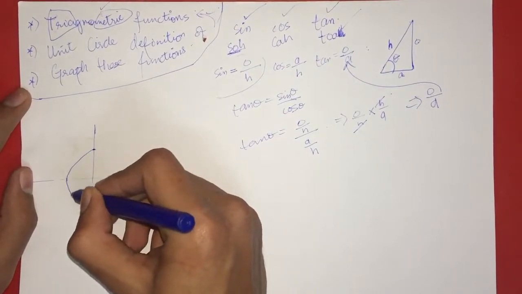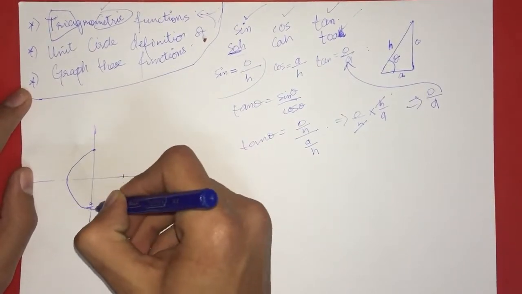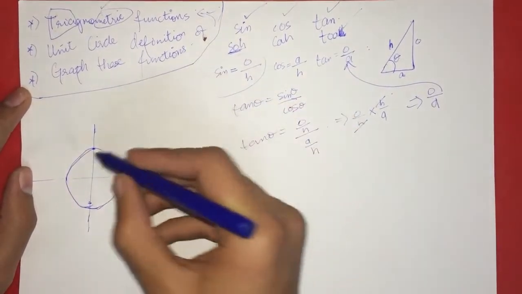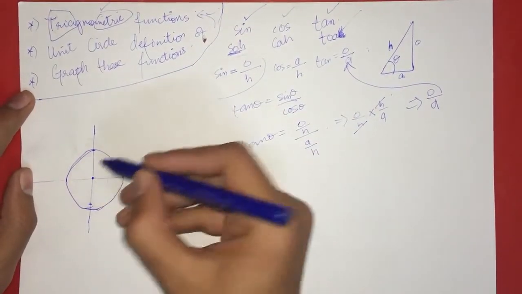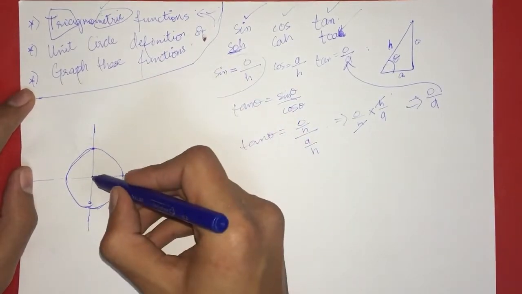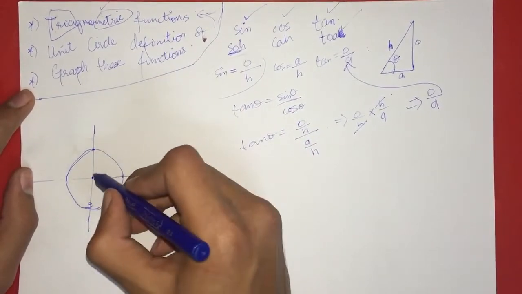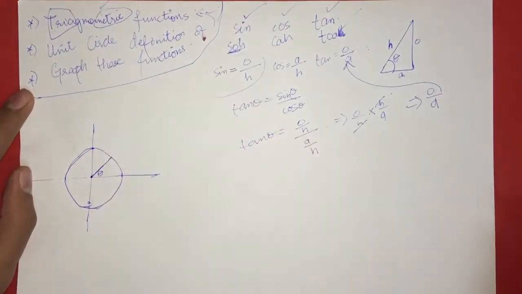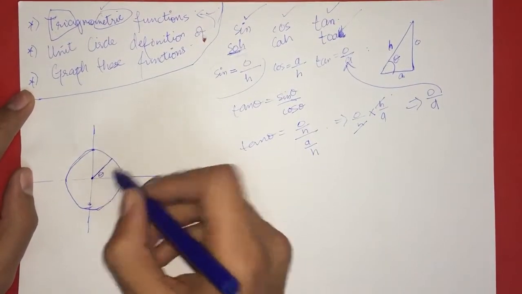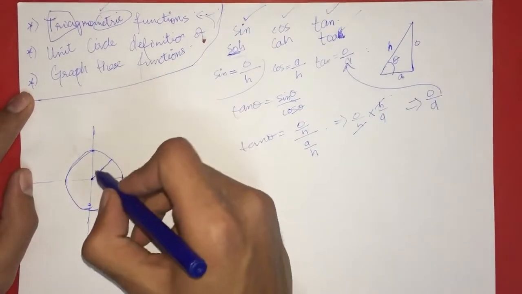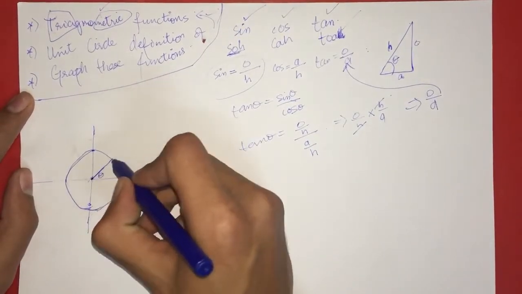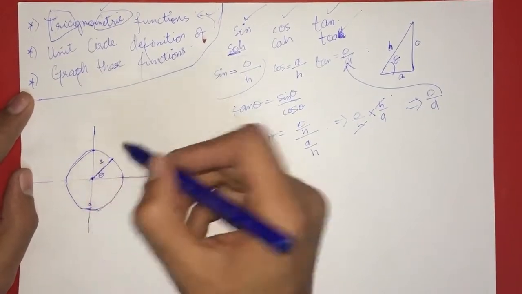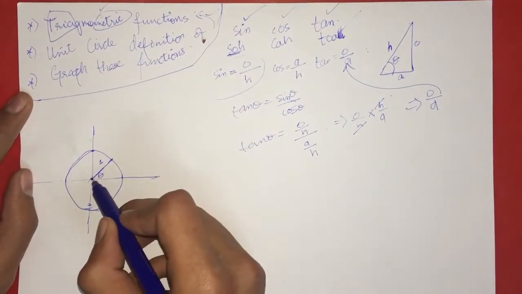I'm sorry, it does not look like a circle, but still. All right, so this is a circle, and let's say that this is the angle theta. Here the hypotenuse is actually equal to 1, because it's the radius of the circle.